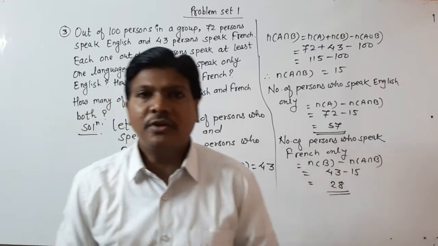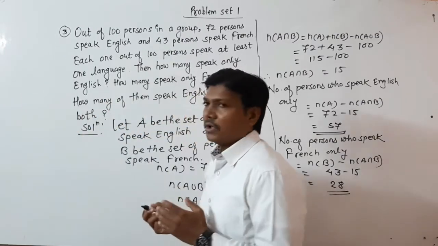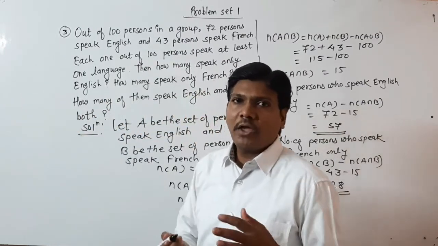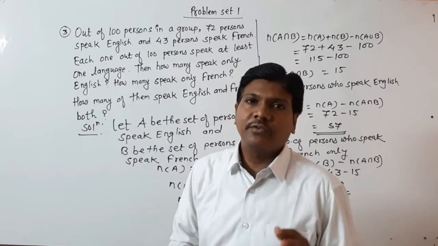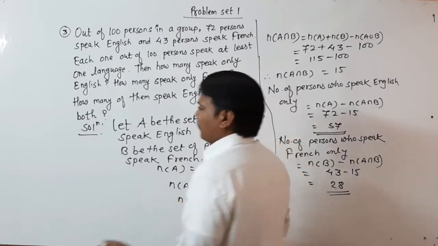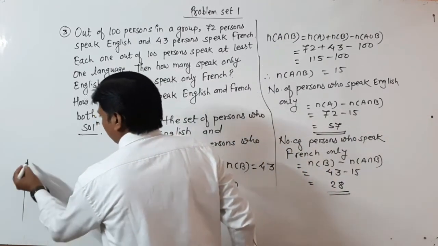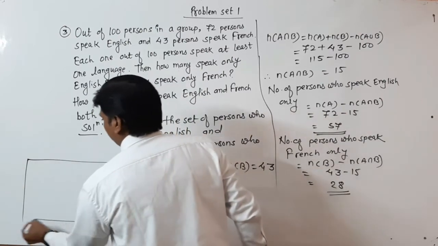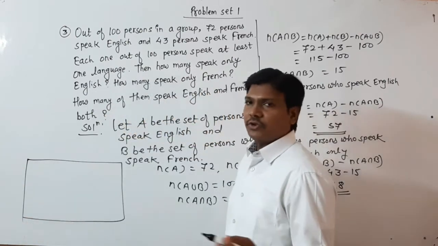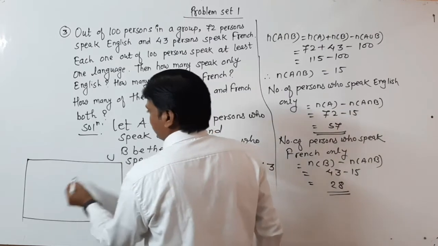Let's see this example with a Venn diagram. A Venn diagram is not necessary in the exam, but see here. This is the universal set, though 100 is not really a universal set, but we write it here.